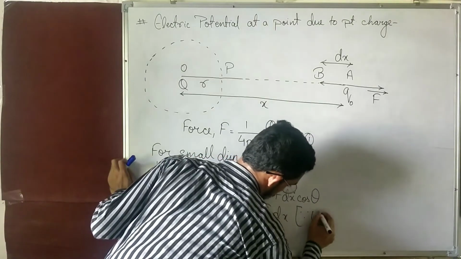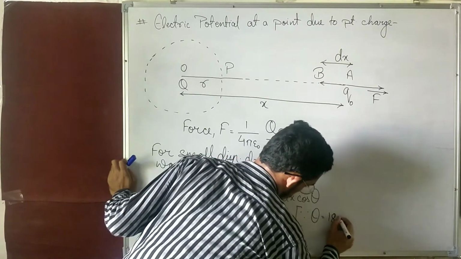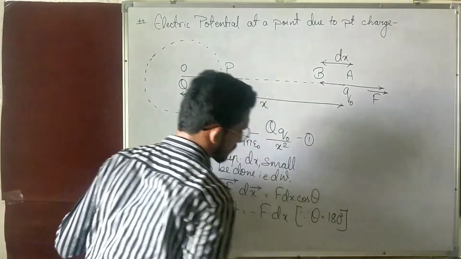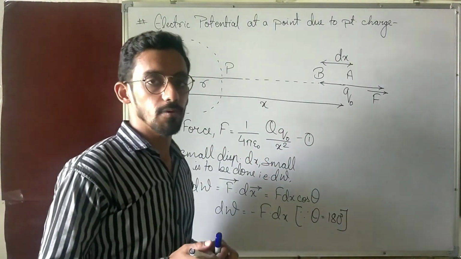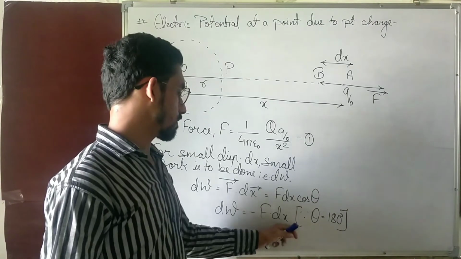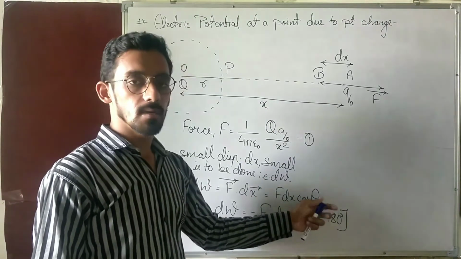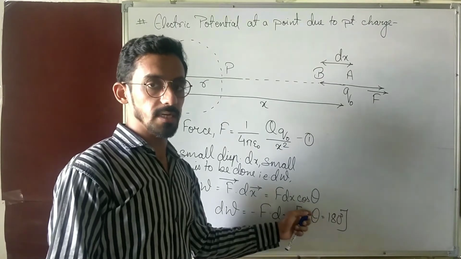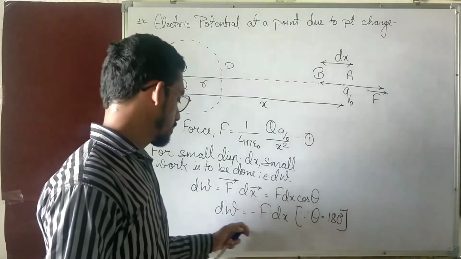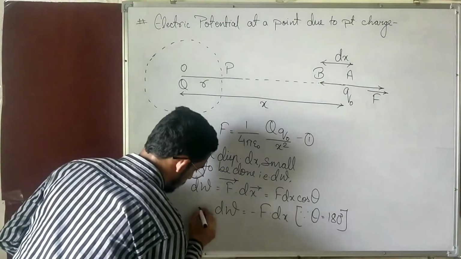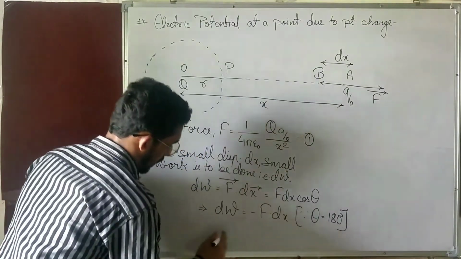Since theta is 180 degrees, because the direction of force and displacement are just opposite to each other, cos 180 is minus 1, so we get dw equals minus F dx.